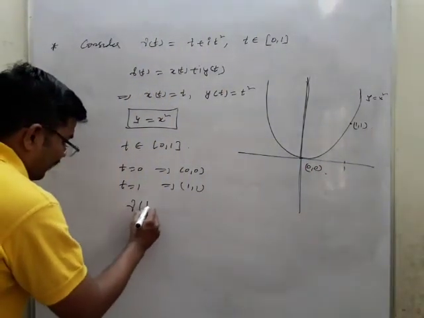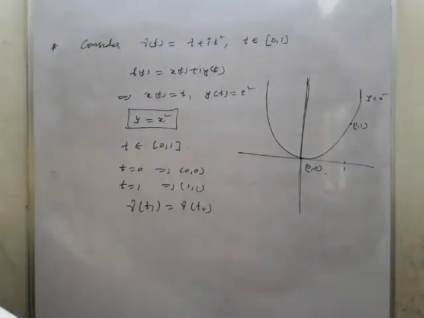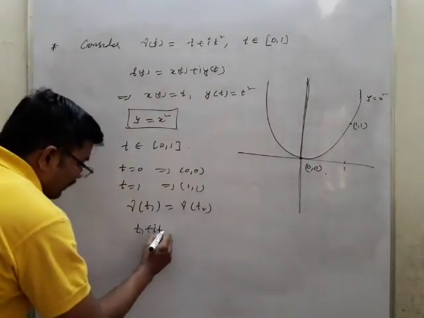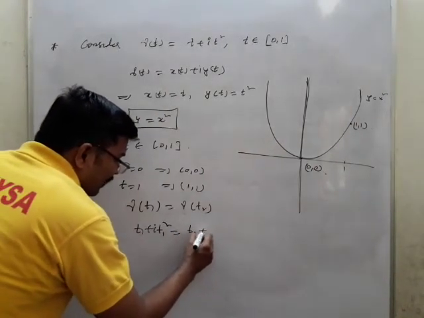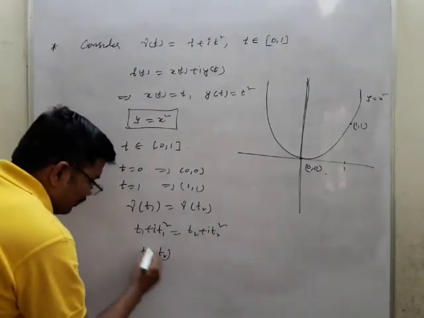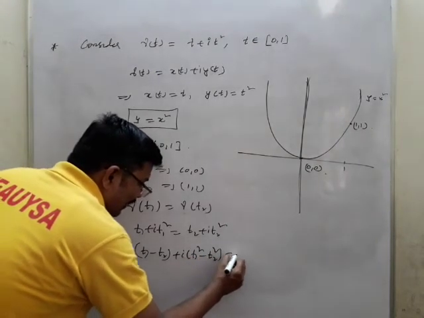Now gamma of t1 equal to gamma of t2. So t1 plus i t1 square equals t2 plus i t2 square. Therefore t1 minus t2 plus i times t1 square minus t2 square equals 0.